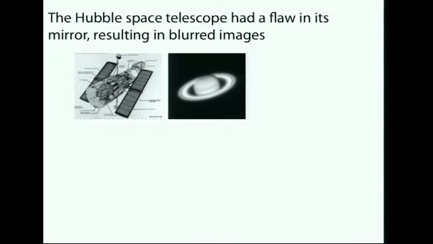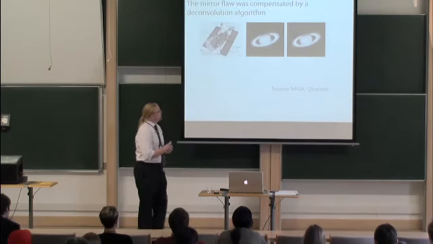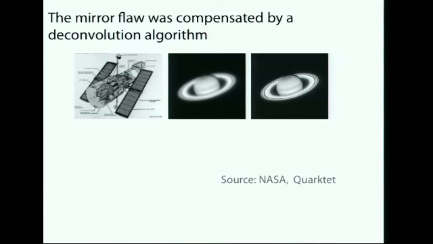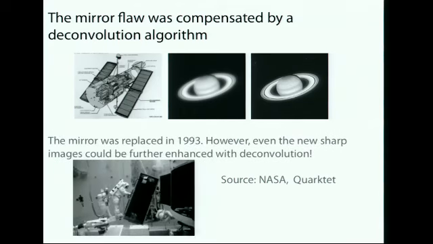Then a deconvolution algorithm was constructed for this problem, really adapted to the shape of the lens and to the particular error that the lens contained. And it was possible to get this kind of sharp images from the Hubble. Then, as you may know, they actually went to space and corrected it. They put another correction lens in the telescope.